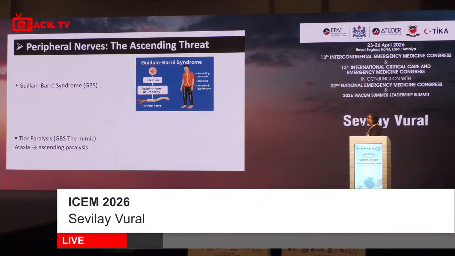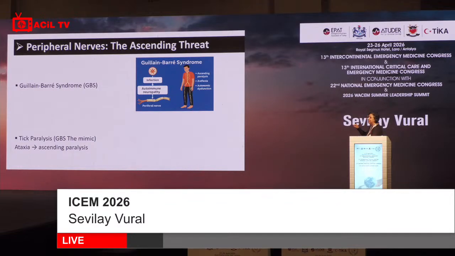Guillain-Barré syndrome manifests itself with a prior infection, causing an autoimmune reply in the human body, which results in destruction of the external part of peripheral nerves, resulting in ascending paralysis, areflexia or hyporeflexia generally, and also autonomic dysfunction.